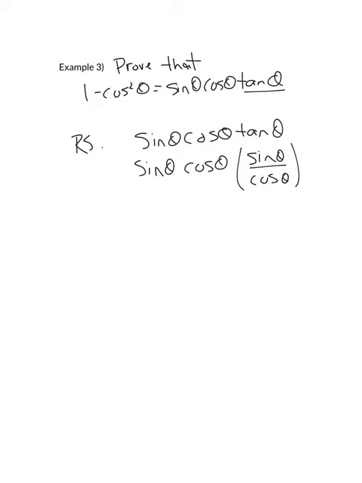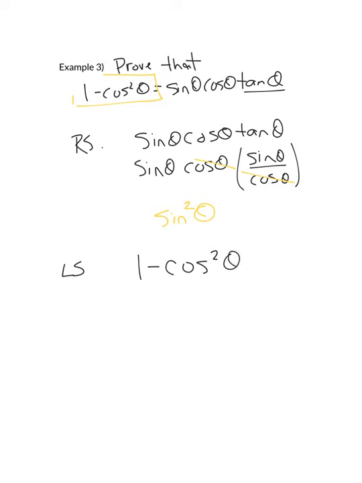Now, at this point in time, I can scratch off a couple of things. So I can scratch off my cos, and all I'm left with is a sine theta times sine theta, or a sine squared theta. Now, I still don't have what I wanted on the left-hand side. So sometimes you're going to deal with the left-hand side and the right-hand side. Now, 1 minus cos squared theta.